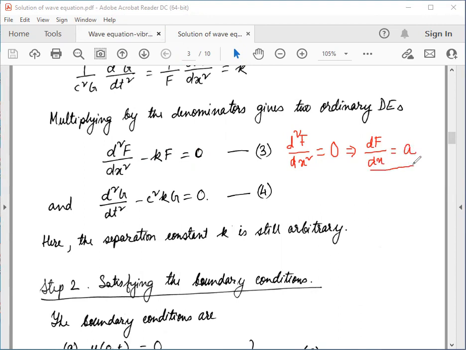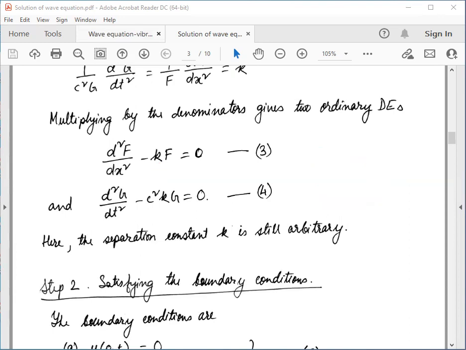Okay, now if I integrate this again with respect to x, what will I get? F will be equal to a times x plus a constant b. So if k is equal to 0, the solution will be f equal to ax plus b. That is what I have written here.